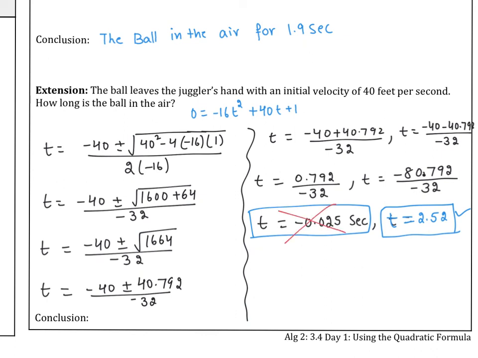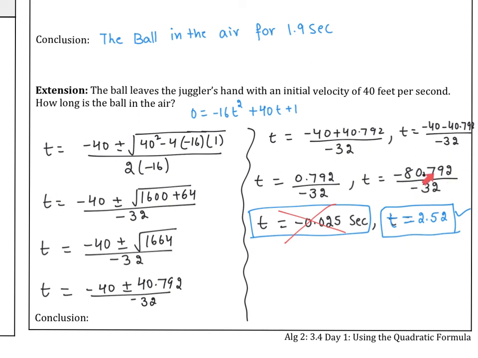For the other value, you get negative 40 minus 40.792, which is negative 80.792. Cancel the two negatives on top and bottom, and now you get a positive time.